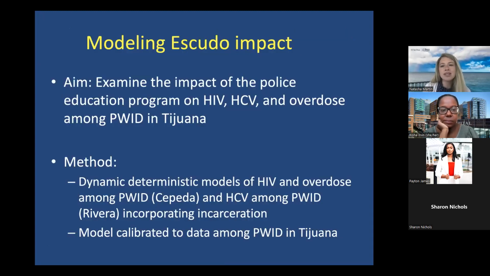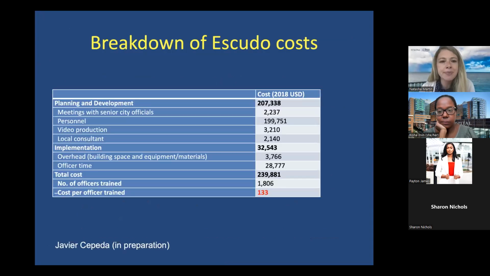Okay, so what does that mean in terms of HIV and hepatitis C transmission? So this is where the modeling comes in. We used the modeling, the aim was to examine the impact of that police education program on HIV and hepatitis C transmission and overdose in Tijuana. So we built these dynamic transmission models of HIV and hepatitis C. We calibrated it to the data that we have in terms of frequency of exposures and how those exposures are associated with increased risk of syringe sharing.